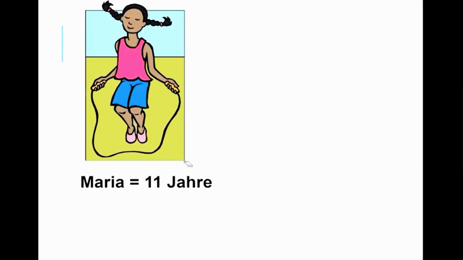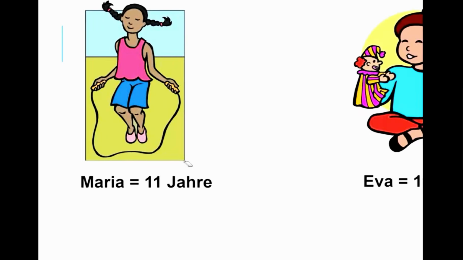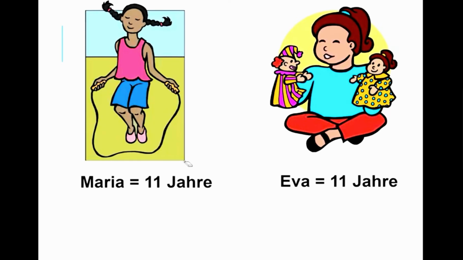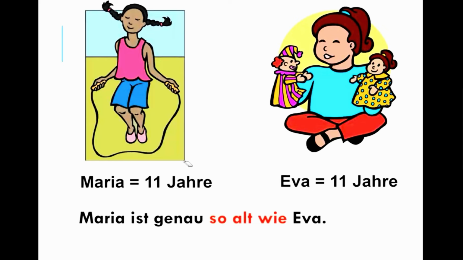Now let's go to the next slide. Look at this. Maria 11 Jahre alt. Maria ist 11 Jahre alt. Eva ist auch 11 Jahre alt. So, Maria ist genauso alt wie Eva. Now let's imagine that Maria is 15 Jahre alt. If Maria is 15, not 11. What will I say?